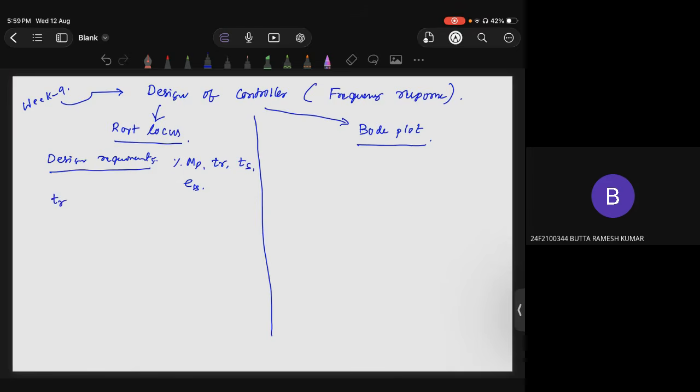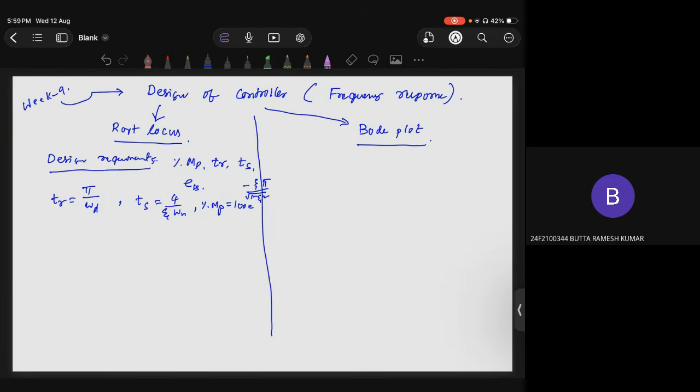Let me give the rough formulas. Rise time is pi by omega d, settling time is 4 by zeta omega n, and percentage overshoot is 100 e power minus zeta pi by root over 1 minus zeta square. So these are different formulas we have.